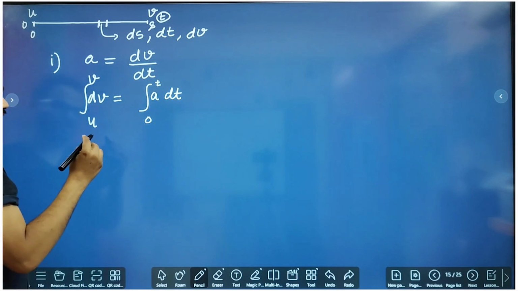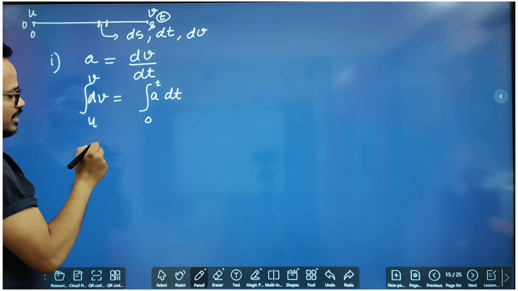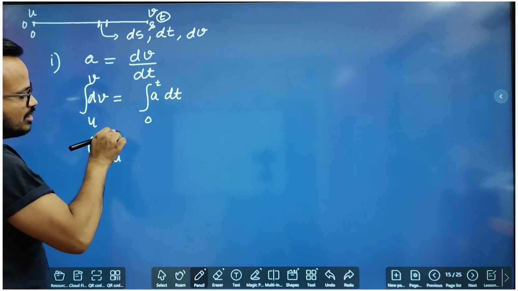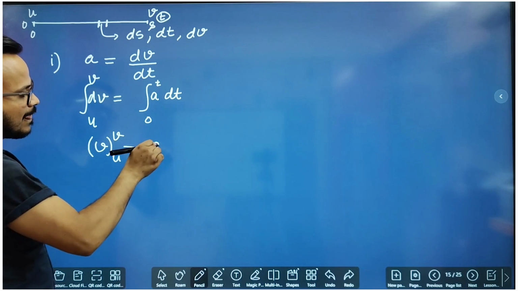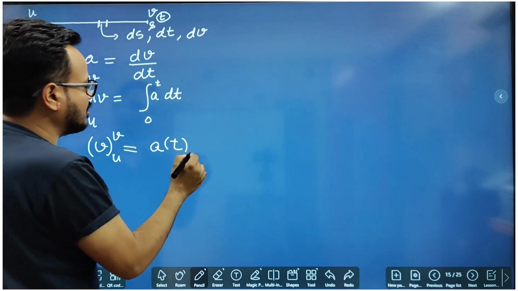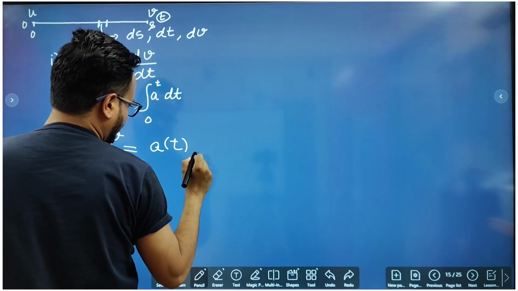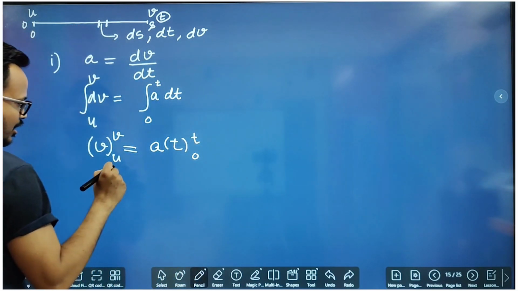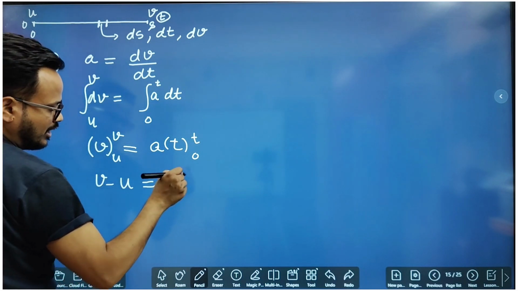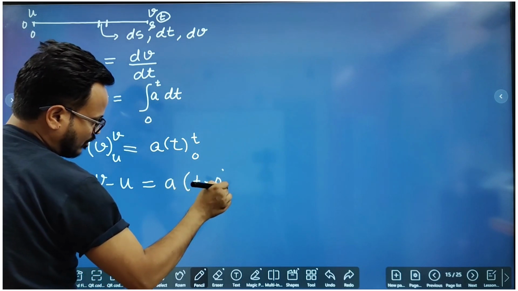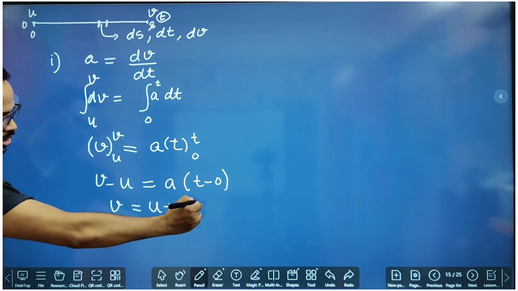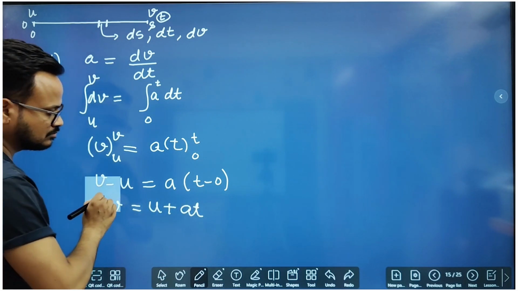So the integral of dv is v and limits are from u to v, equal to a times the integral of dt, which is t with limits from 0 to t. Now upper limit minus lower limit, and we have arrived at this equation, v equal to u plus at.